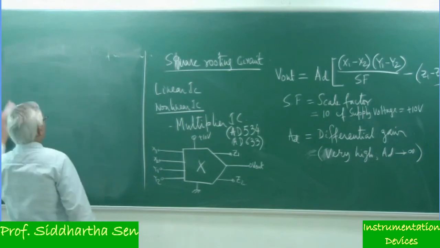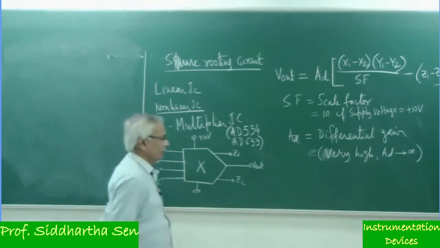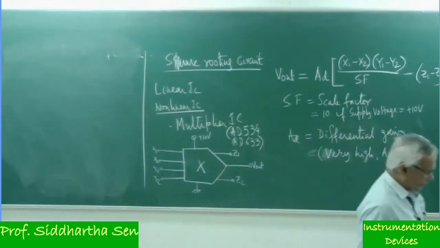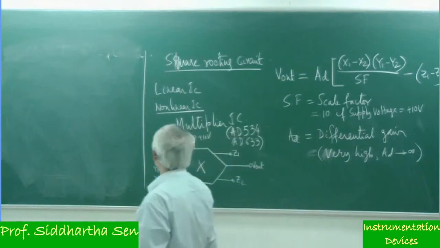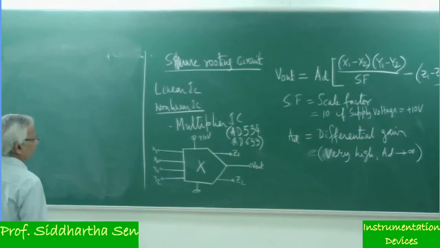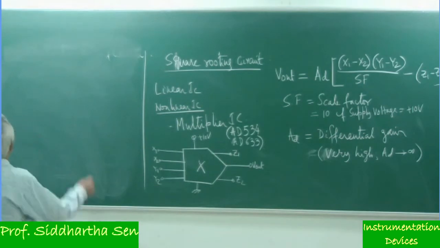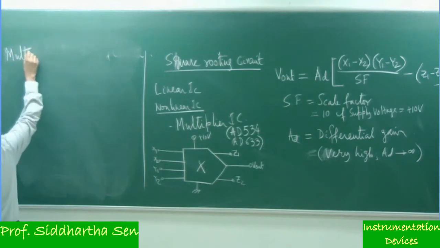So we say a multiplier. If we connect it properly, we claim that we can have an output which is proportional to the multiplication of two signals. So we can say that is a multiplier.